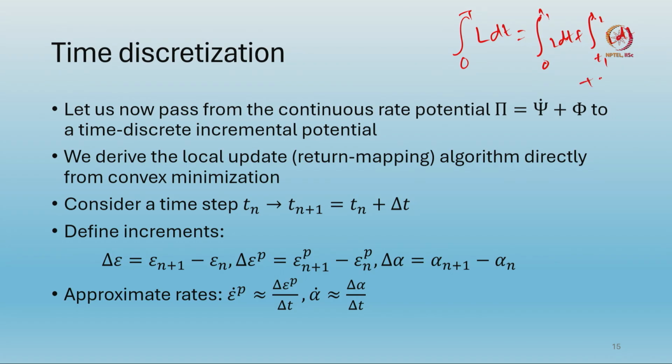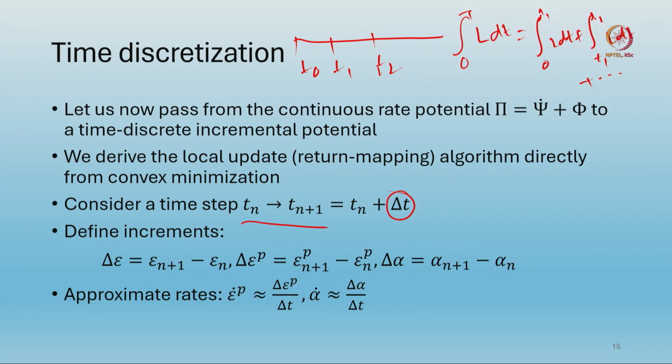So we are doing a time discretization starting from t0, then t1, then t2, like that, and then consider a typical such time step from Tn to Tn plus 1. Assume that the time step size is delta t, so Tn plus delta t is Tn plus 1, and define the corresponding increments.